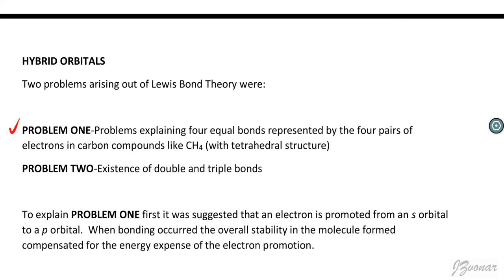So we'll take a look at why this has to happen in order to form the four covalent bonds that we know carbon does. The second problem was the existence of double and triple bonds, and the formation of hybrid orbitals helps to solve that problem as well. Today we're going to focus just on problem one, and tomorrow we'll delve into problem number two.